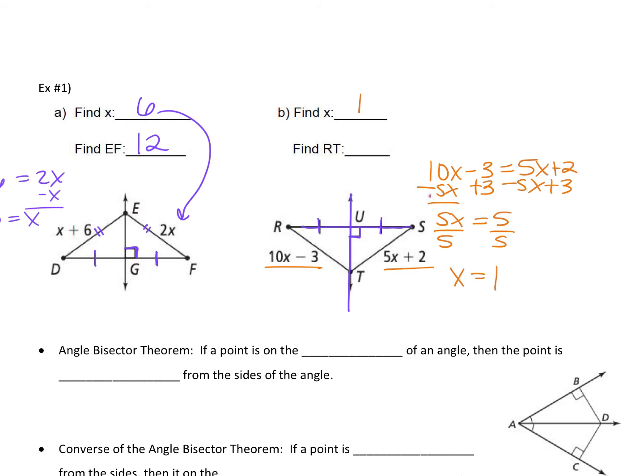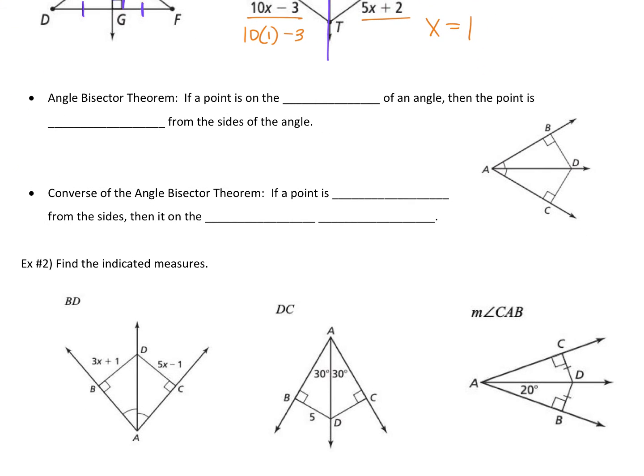Okay, so x is 1. What is RT? 7. 10 times 1 is 10, minus 3 is 7. Okay, that's the perpendicular bisector theorem. So if you see a little box, a perpendicular, with two segments congruent, pretty much you're setting the parts equal to each other. Okay, perpendicular bisector theorem.